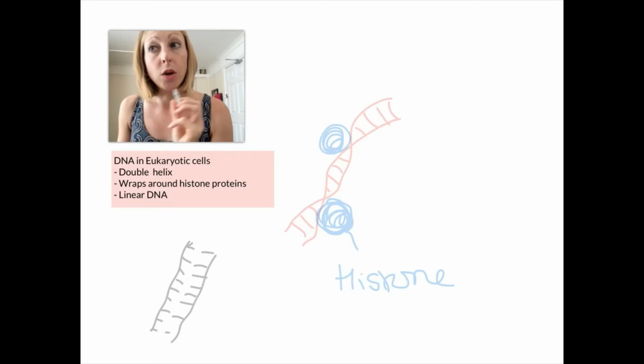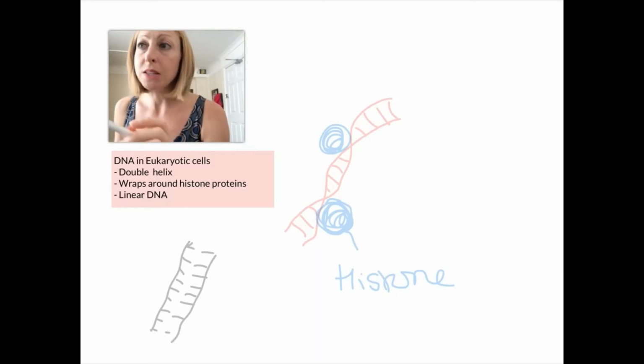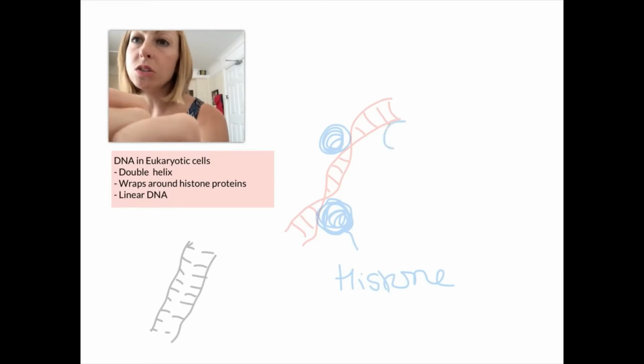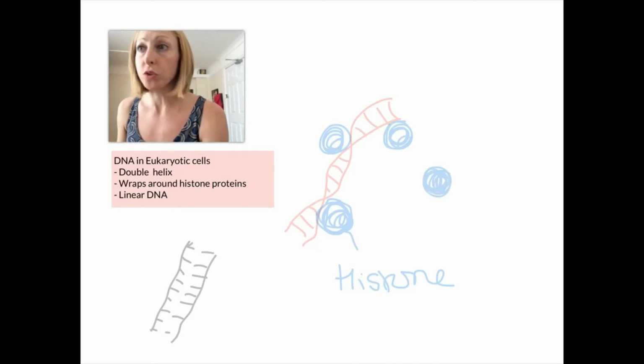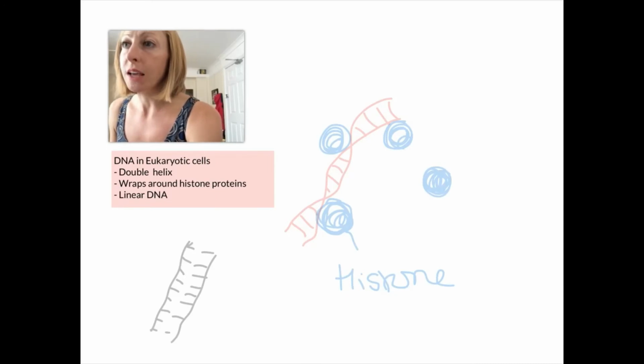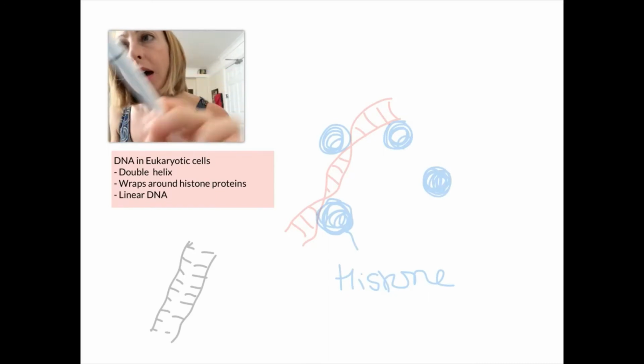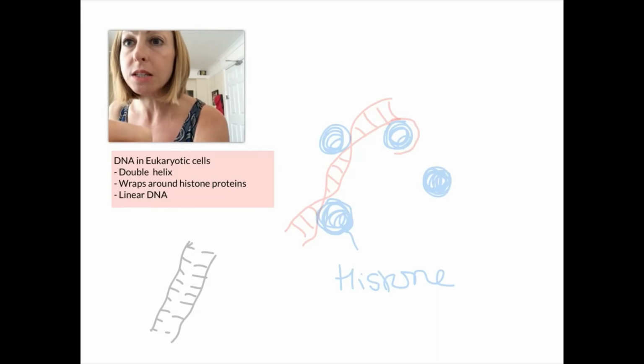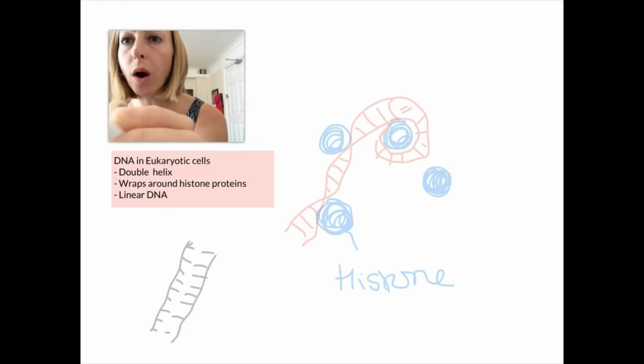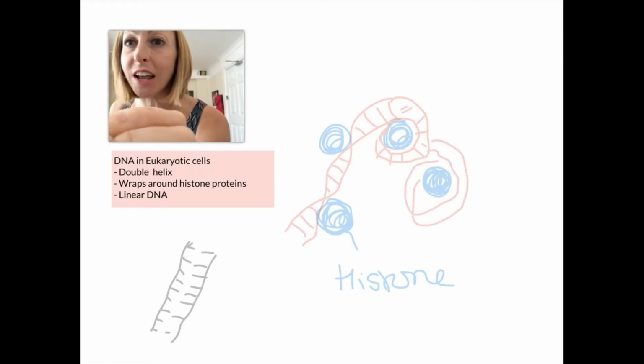Histone proteins basically allow the DNA to coil up around them, forming a dense supercoiled structure of DNA. This is what allows over 2 meters of DNA, for example, to actually fit inside one nucleus. That is not an unsubstantial amount of DNA.